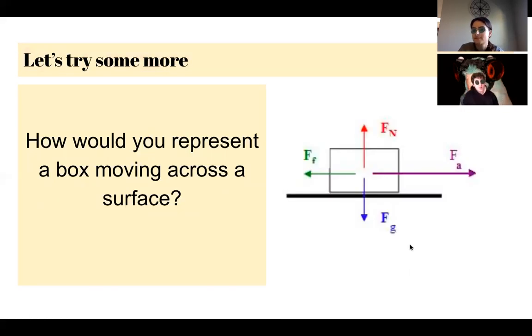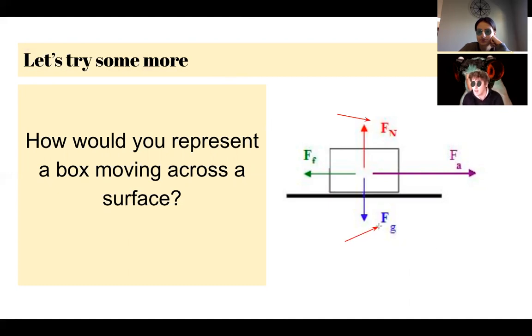All right, so let's try some more examples. This one is of a box moving across the surface. We did represent this with questions, but I guess we forgot to do the animation, so here it is. Essentially, the normal force and the gravitational force, F of G and F of N, cancel each other out, as you can see with the red and blue arrows.